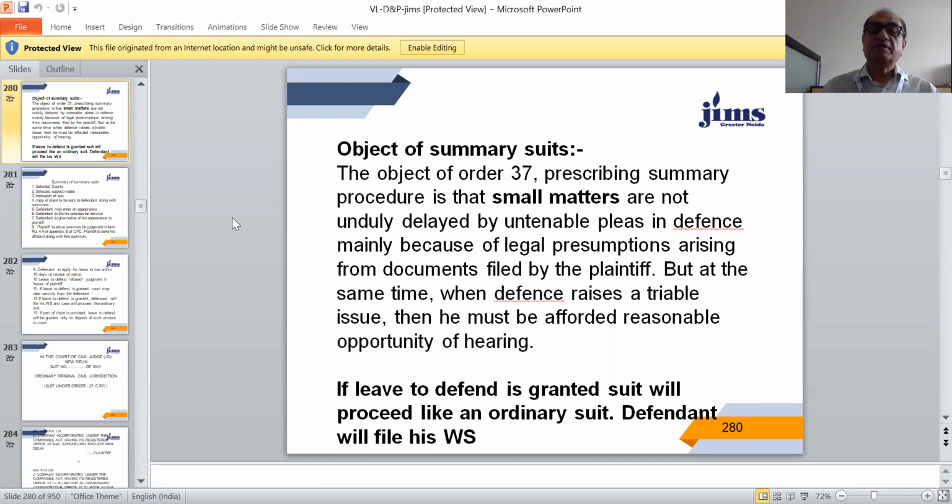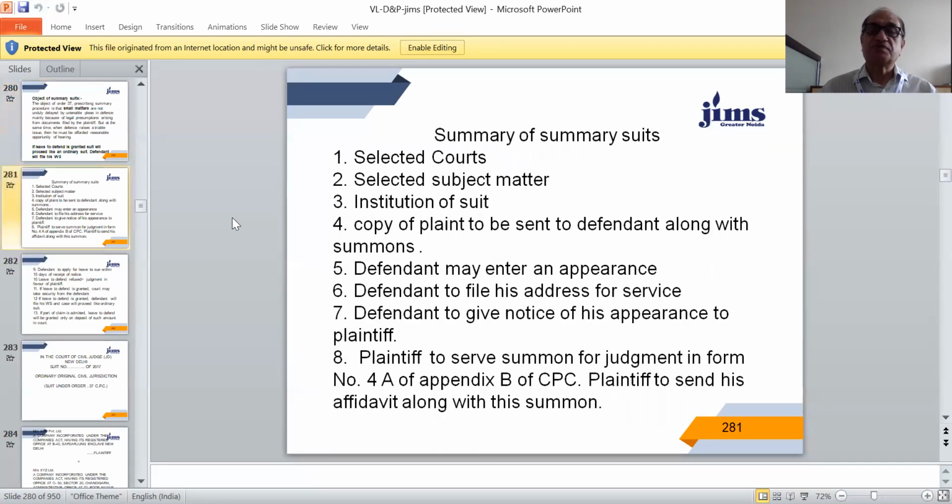But at the same time, when defense raises a triable issue, then he must be afforded reasonable opportunity of hearing. So the net conclusion is that in a summary suit, if leave to defend is granted, suit will proceed like an ordinary suit and defendant will file his WS. But if this leave is refused, then the judgment shall be pronounced in favor of plaintiff forthwith, no long procedure. Hence, it is known as summary procedure for summary suits.